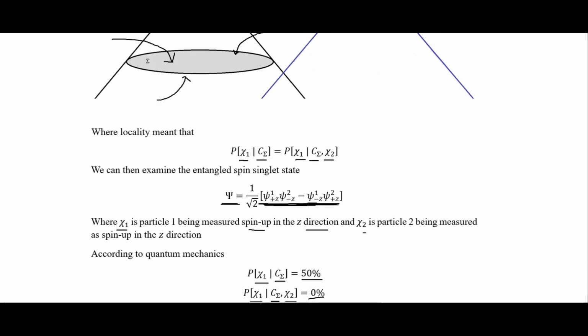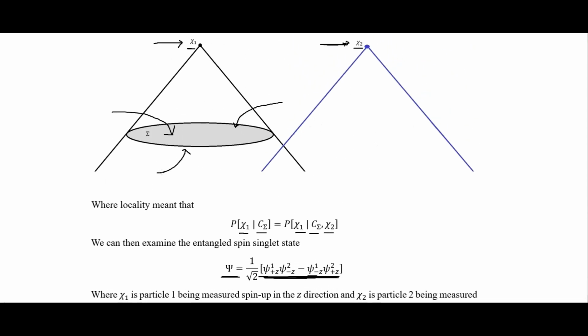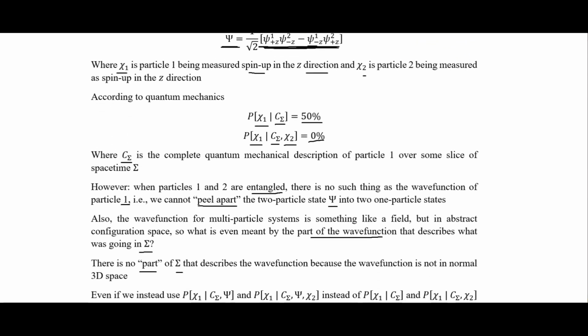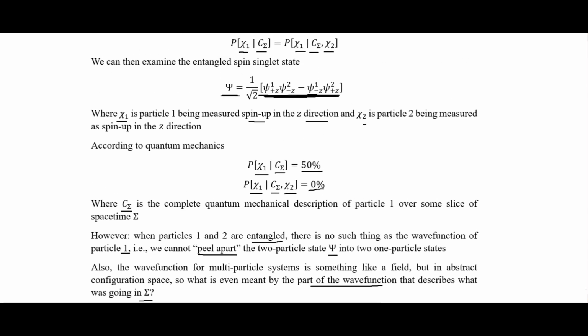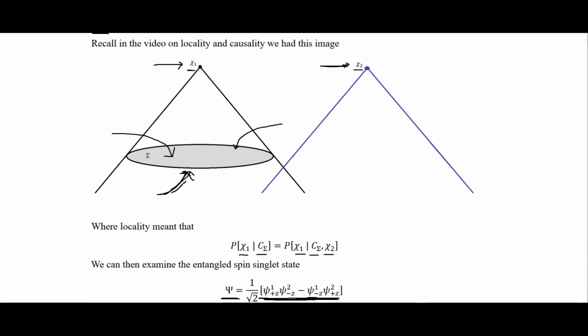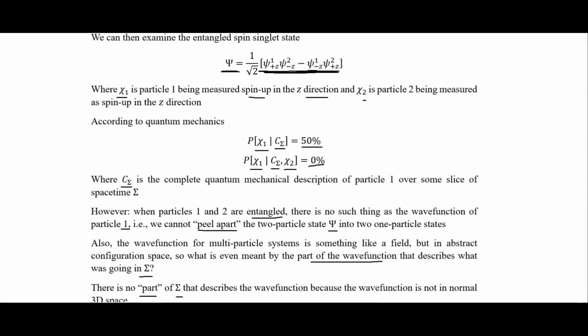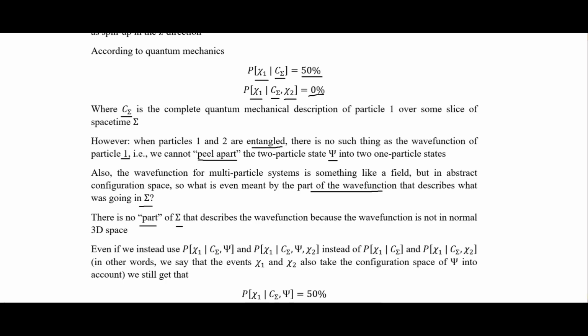This sigma here is a complete specification of all the events in our, I guess you could call it, 4D space-time. But if our quantum mechanics is on this abstract configuration space, then no part of this sigma here is describing what's going on with our quantum mechanical system there.